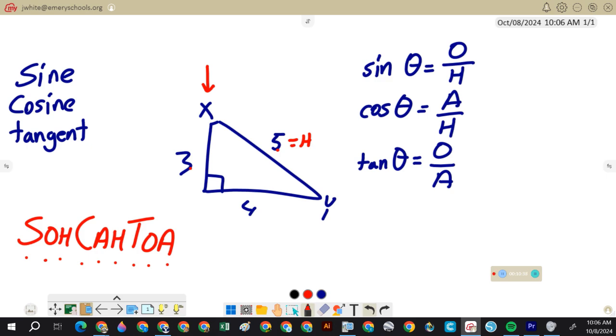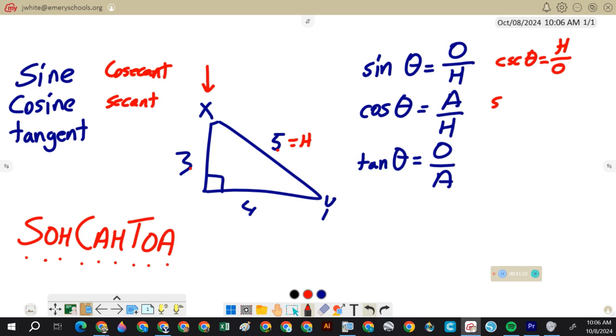There are 3 other ratios, and you're going to need to know them a little bit. For the most part, we're going to stick with sine, cosine, and tangent, but each one of these has an opposite, sort of. The opposite of sine is called the, oh, oops, got that wrong. It's called the cosecant. And we abbreviate cosecant as CSC, and it's just the reciprocal of the sine, H over O. And then the cosine's opposite is what we call the secant.